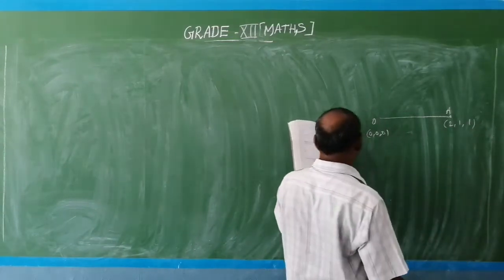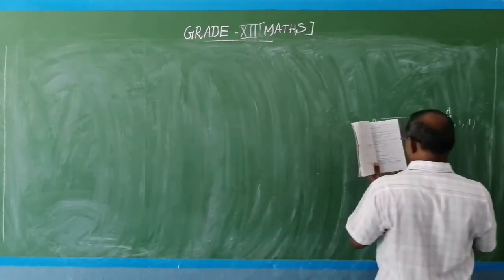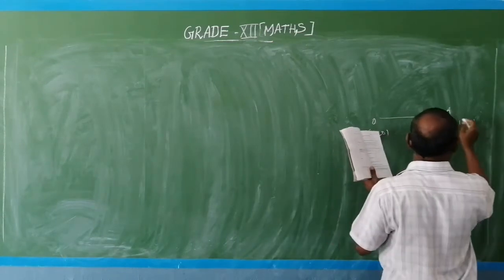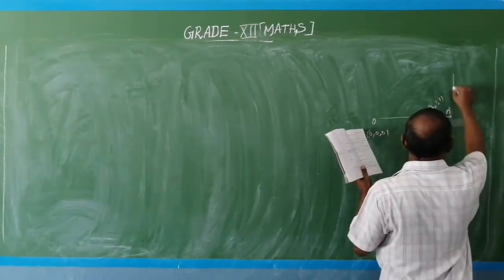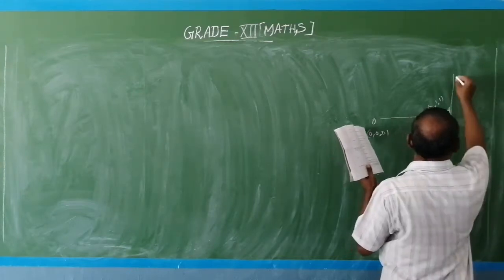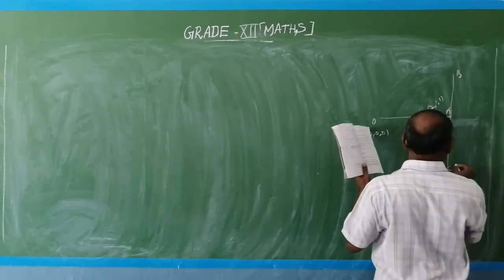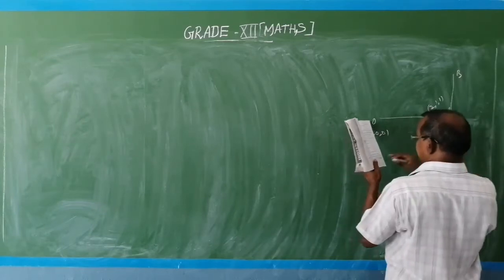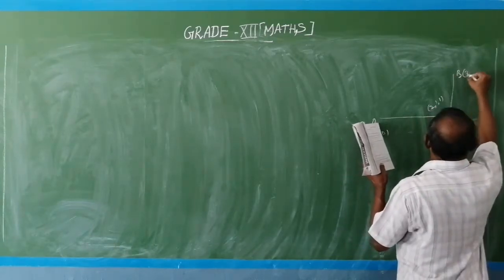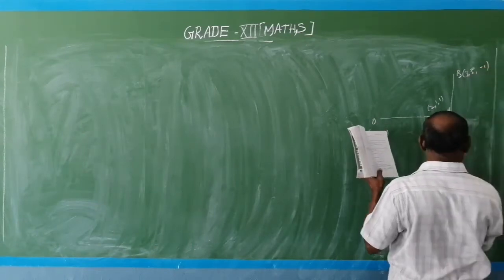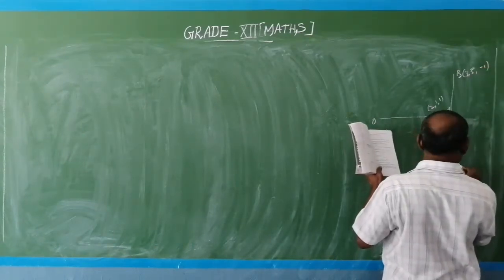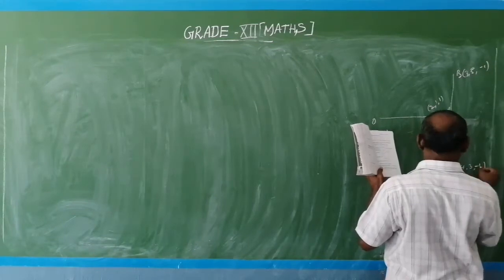Now it should be perpendicular to the other line determined by the points, so let them be B and C. The point B is (3, 5, -1) and the point C is (4, 3, -1).